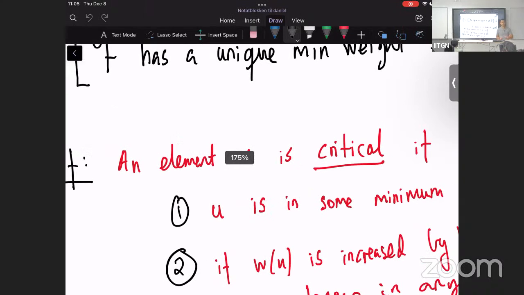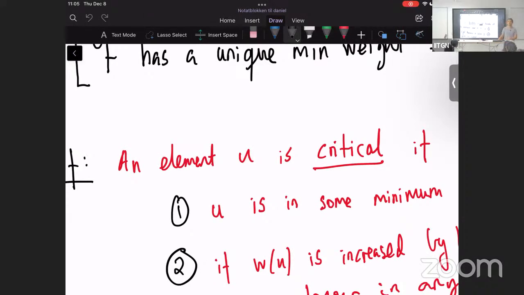I'm going to say that an element is critical, and I classify it with respect to the family and the weight function.